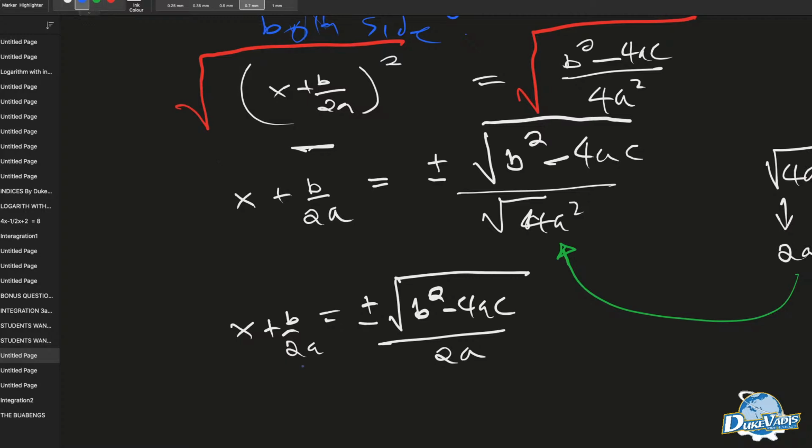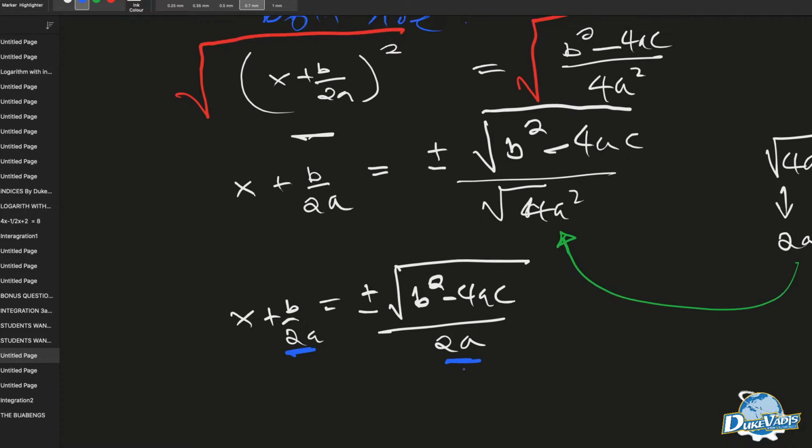We have this and that, and since they have the same denominator, they can be put together. And when b over 2a crosses over, x equals negative b over 2a plus or minus the square root of b squared minus 4ac, all over 2a.